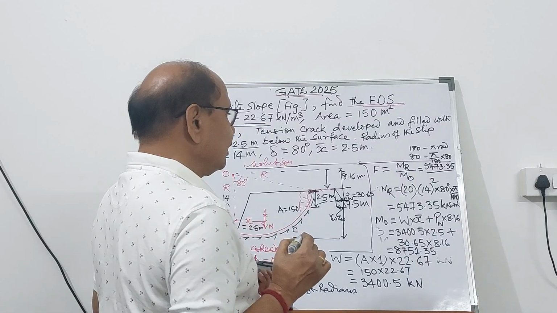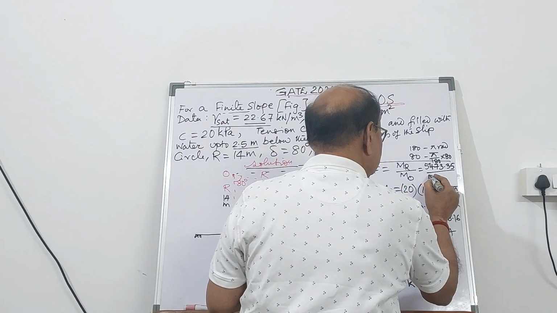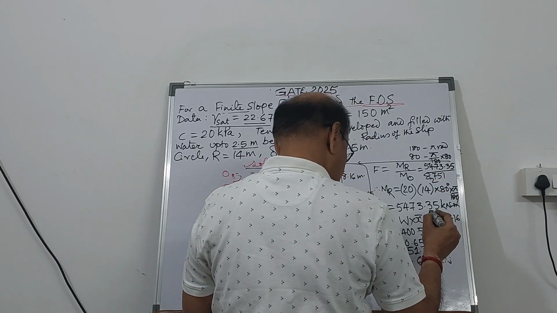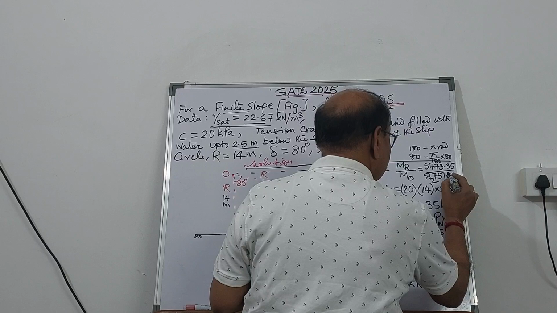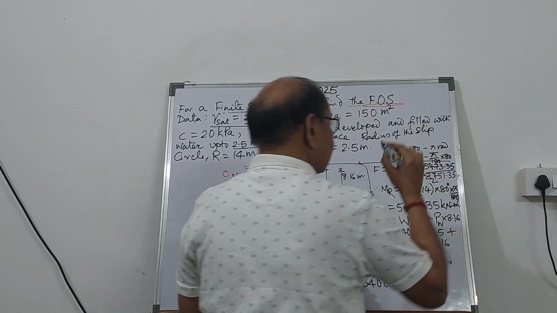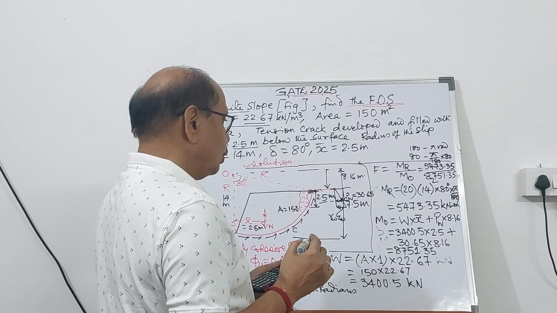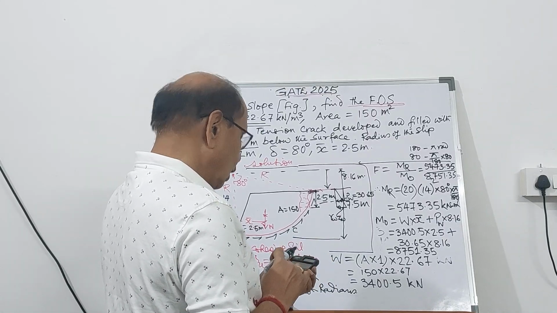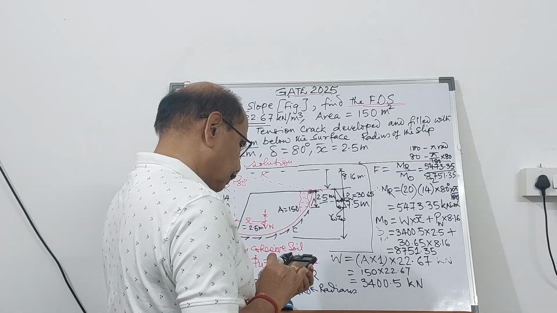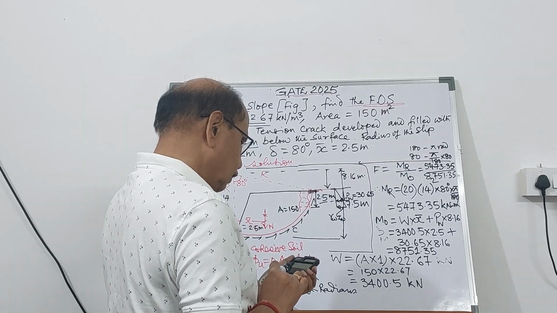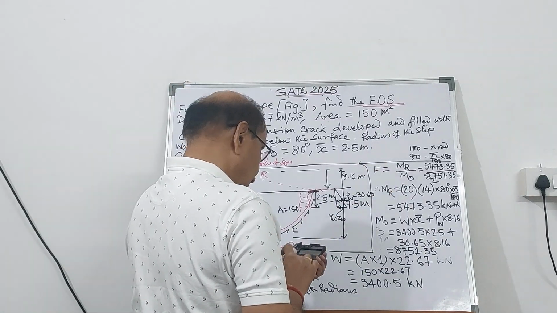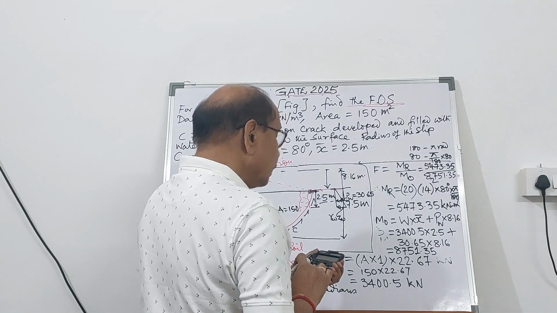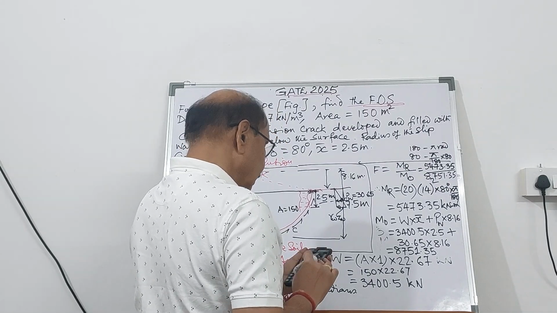So I have got the overturning moment, 8751.35. So I will calculate now with the resisting moment 5473.35.